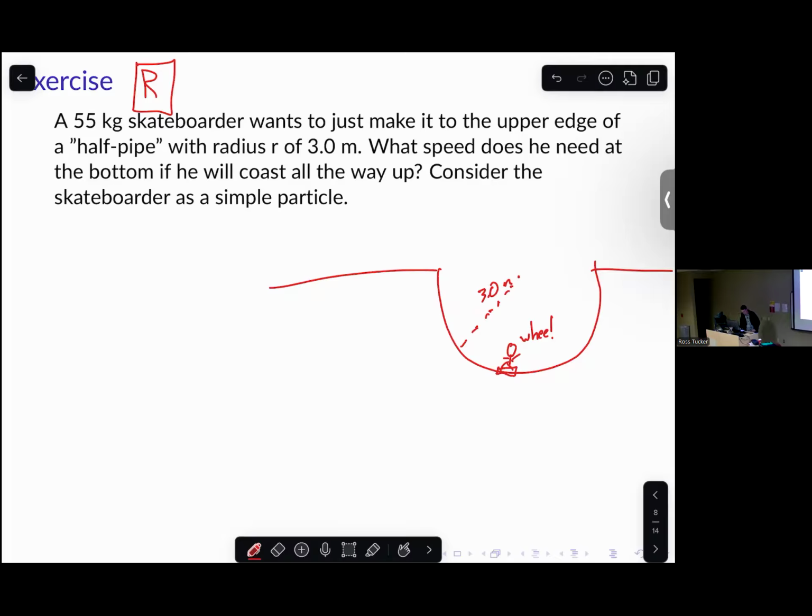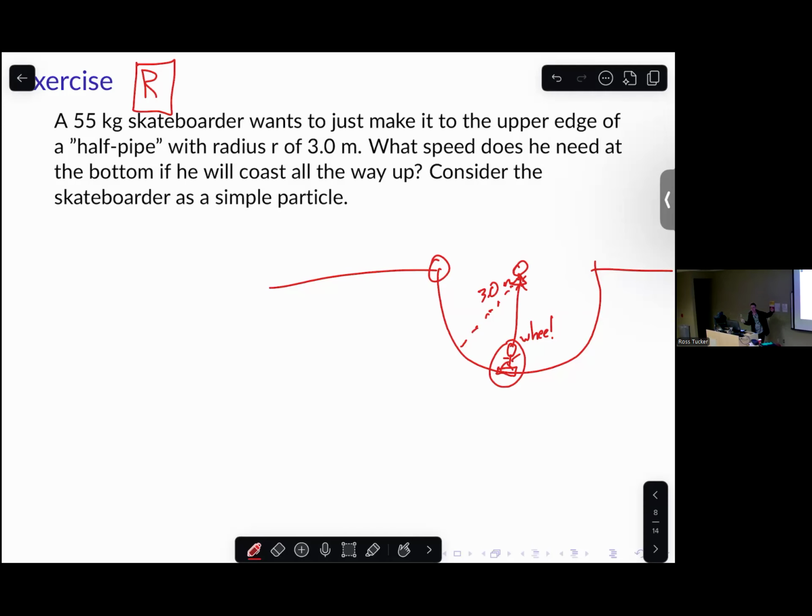Where do I start? Here. Where do I end? Up here. Well, that's along an arc length, but fortunately, gravity only cares about vertical distances. If I go straight up, I'm at the center of the circle. How far have I gone? 3 meters.